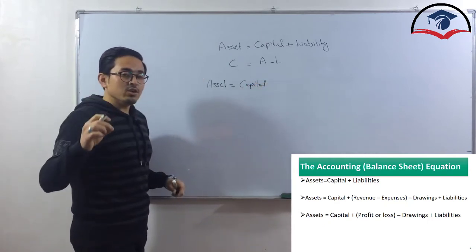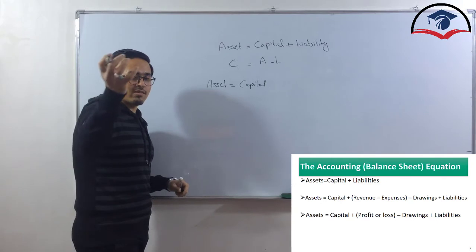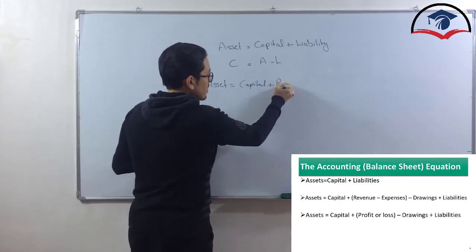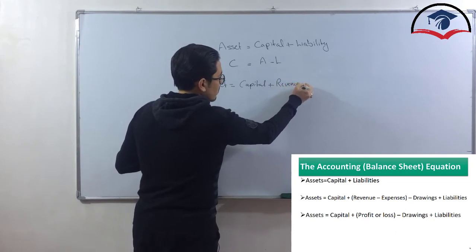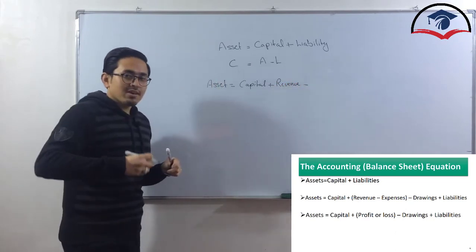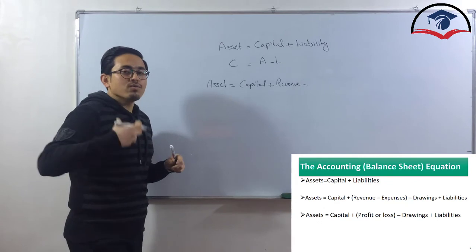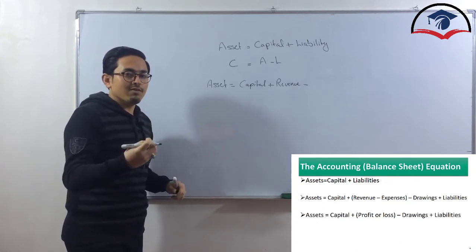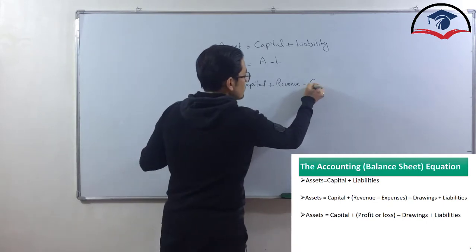We have the revenue, which is another source of inflow to the business, so revenue will be added. The expense is the outflow from the business, so expense will be deducted.